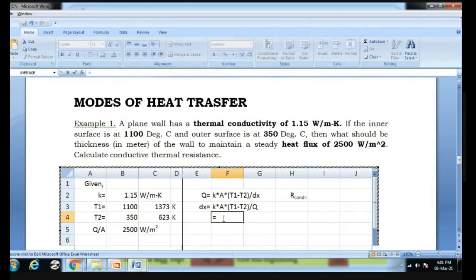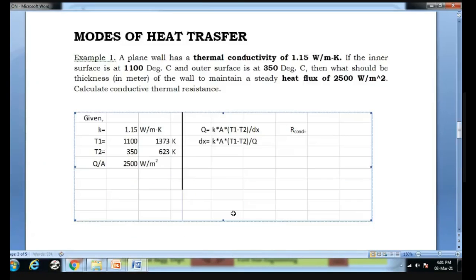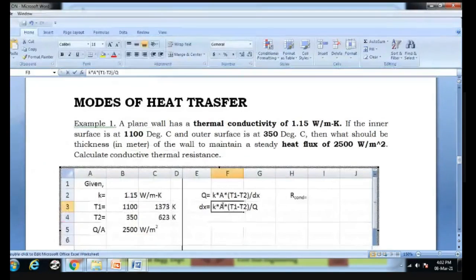And if you do it again, 1.15 into area is not there, but you can see the area that you are transferring on this side, because flux is given, no?